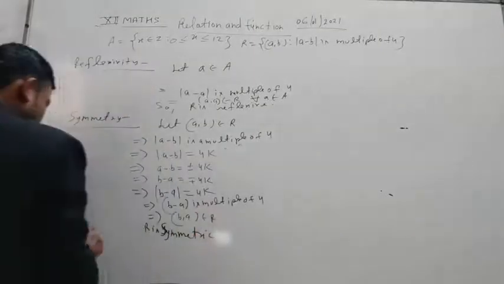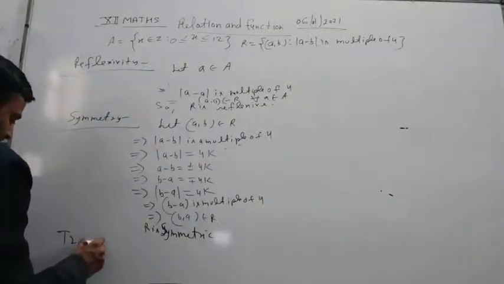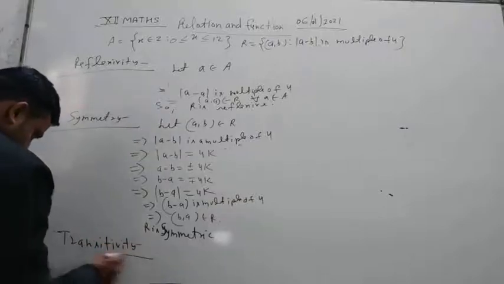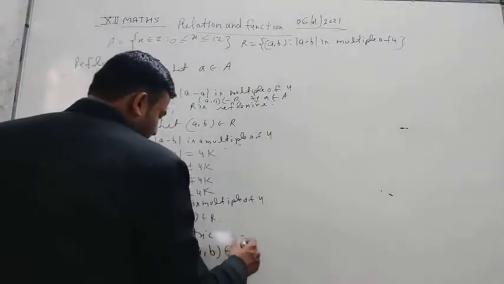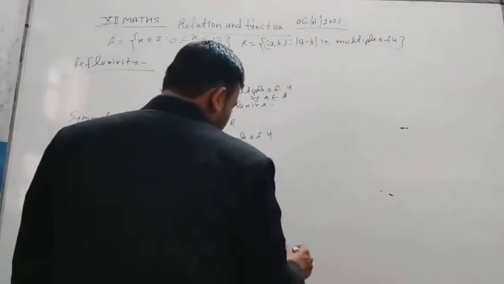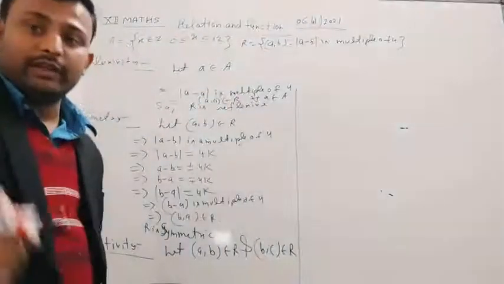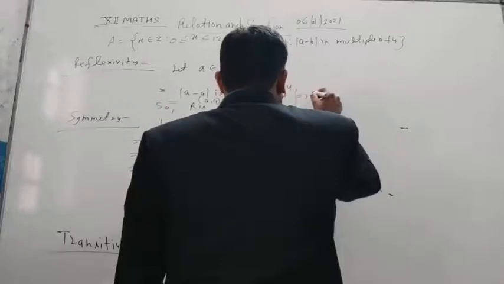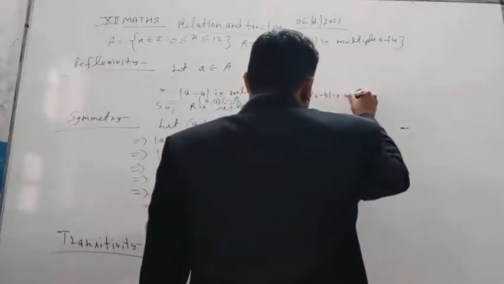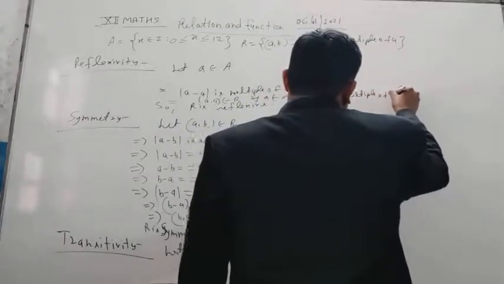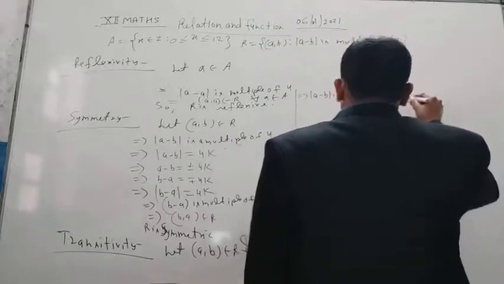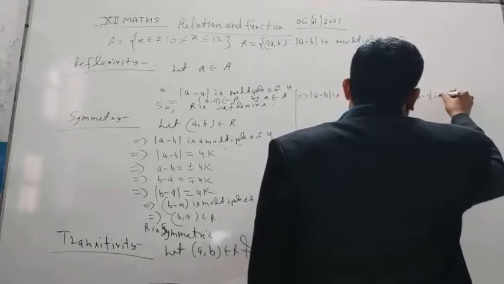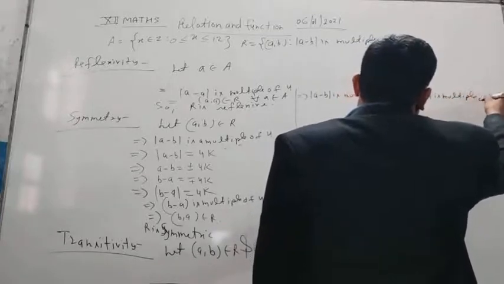Now for transitivity, we are selecting two elements: AB belongs to R and BC belongs to R. And we will prove that AC belongs to R. So we can write A minus B is a multiple of 4, and B minus C is also a multiple of 4.